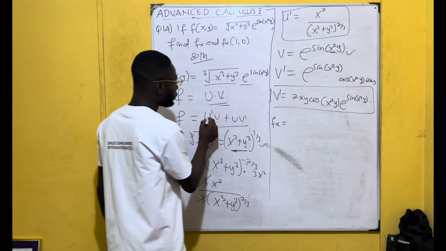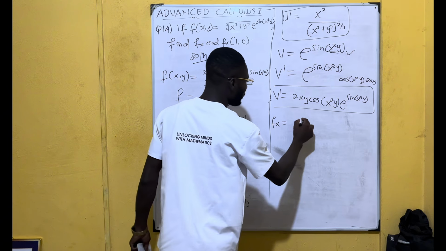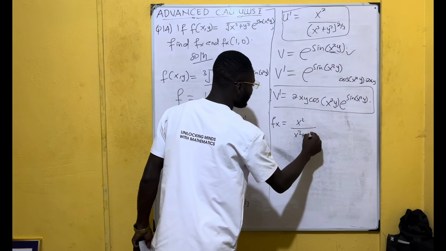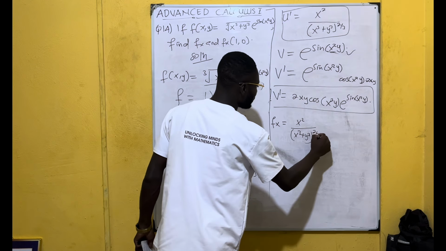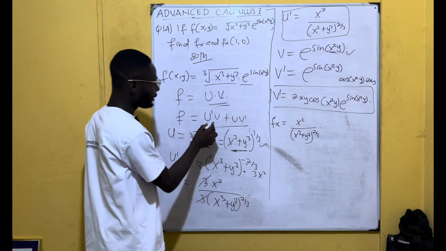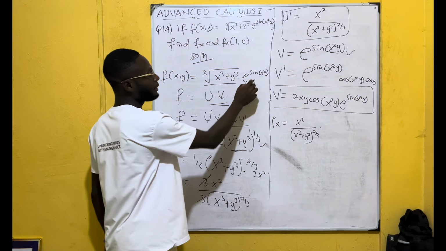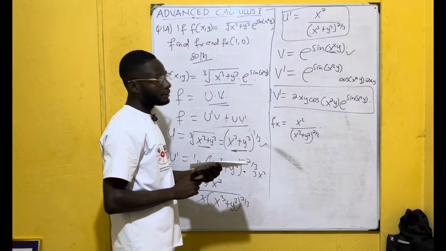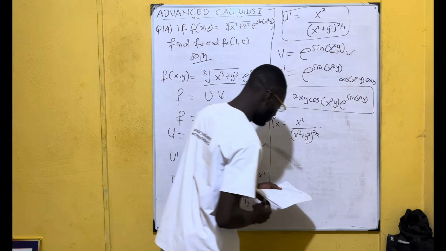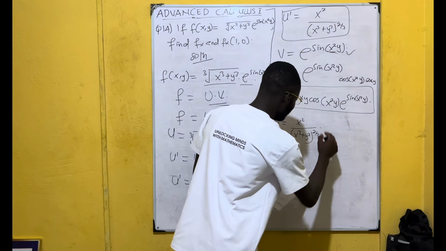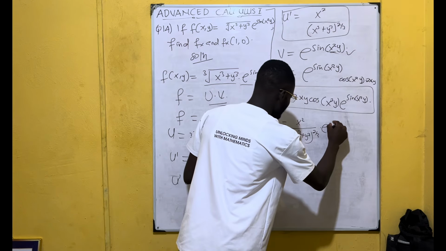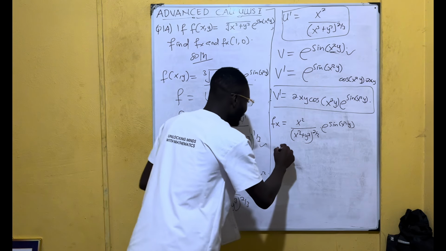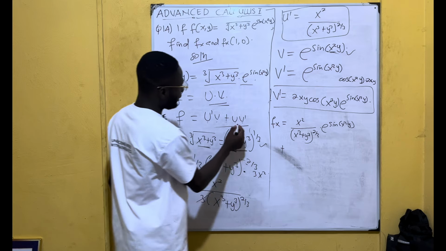Our u prime here is x squared divided by (x cubed plus y cubed) to the power 2 over 3, times maintain the second function, which is e to the power sine(x squared y), plus the u.